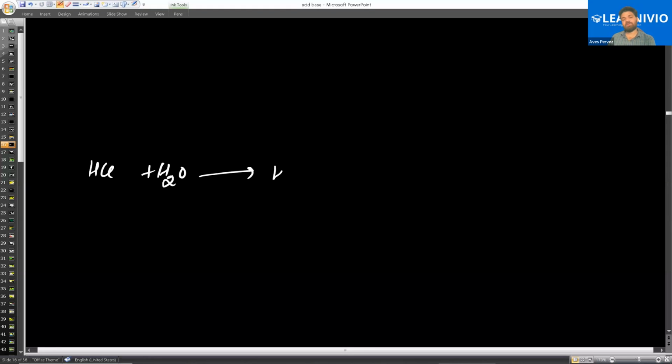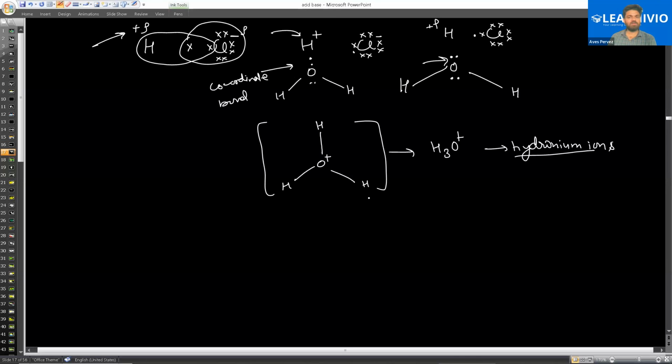It will give you hydronium ion, H3O positive, because the H plus ion will be added to this water molecule, plus Cl minus ion. Understood? Yeah, I understood. That's why we're getting H3O plus.